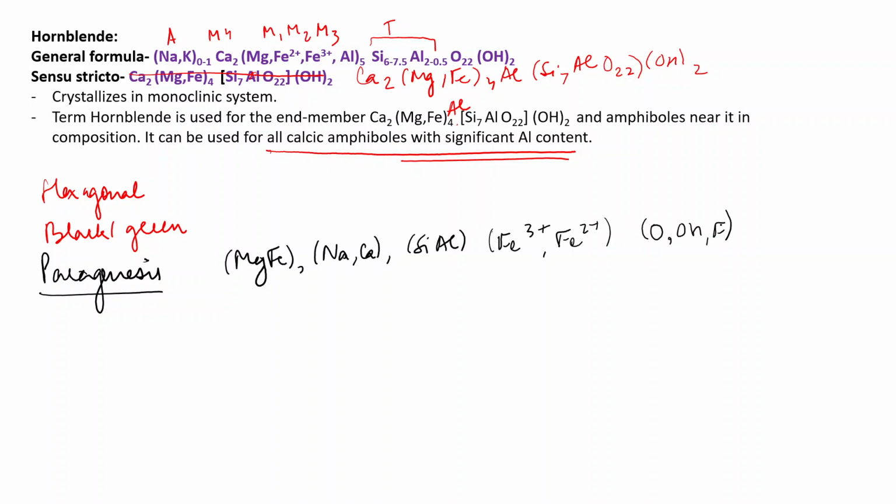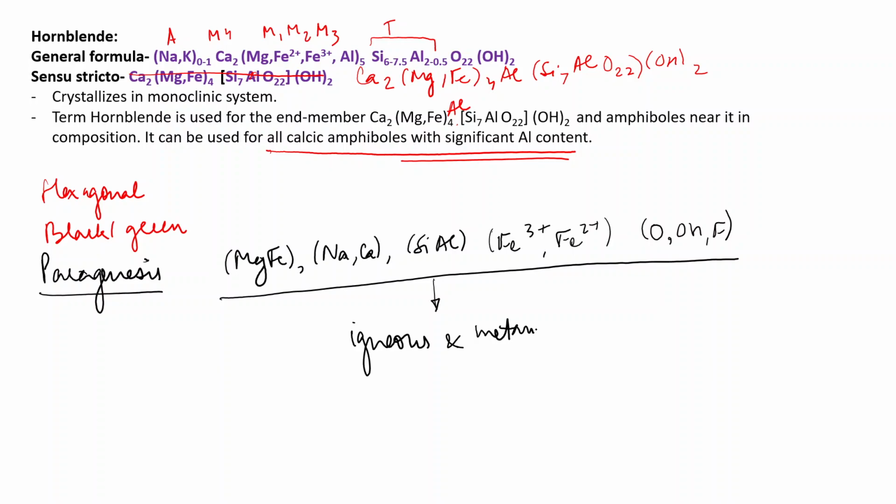So this wide range of substitution is the reason for the existence of hornblende in a wide variety of rocks, which include igneous and metamorphic petrogenetic conditions. Okay, so this is one of the important things.